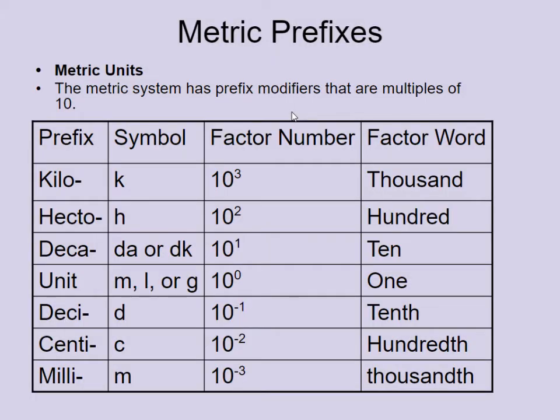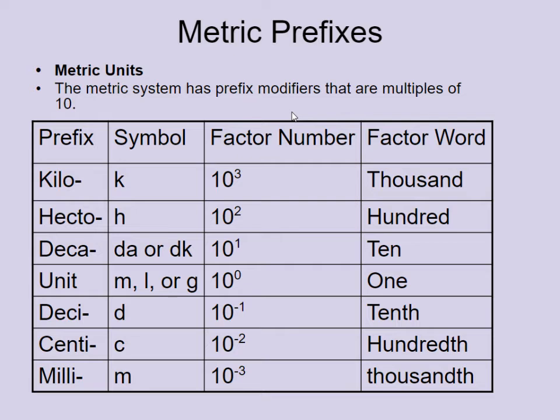When we look at the metric prefixes, they mean different things. Kilo means 1,000. If you look at 10 to the third power, all of these mean that you are multiplying by 10 this many times. So if you look at your positives, kilo means 1,000, so 10 times 10 times 10 is 10 to the third.